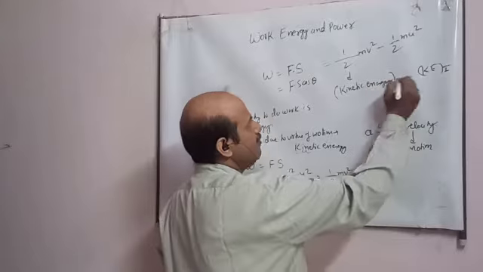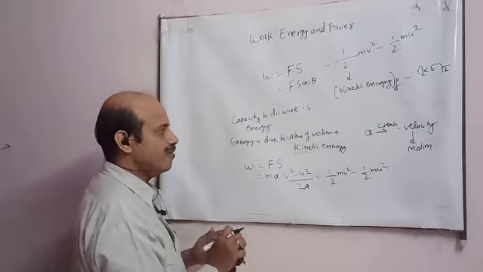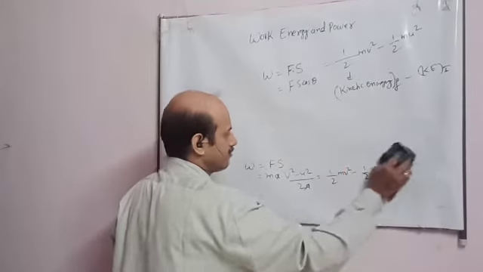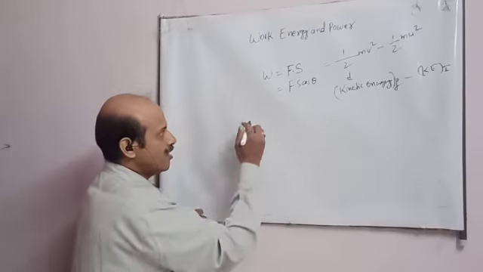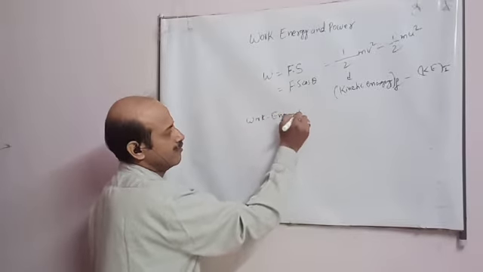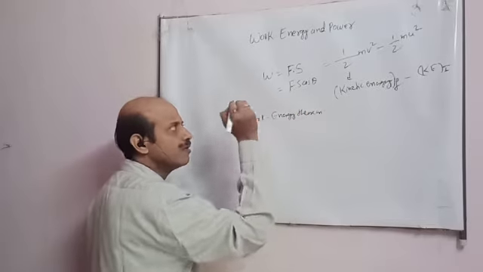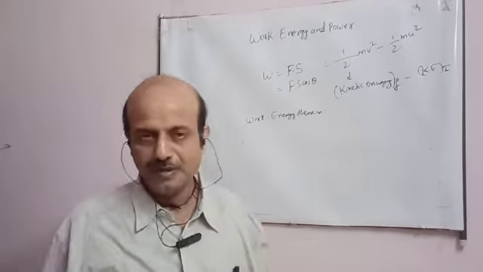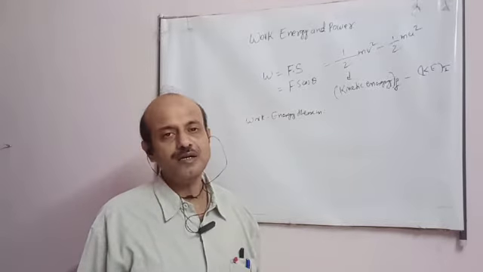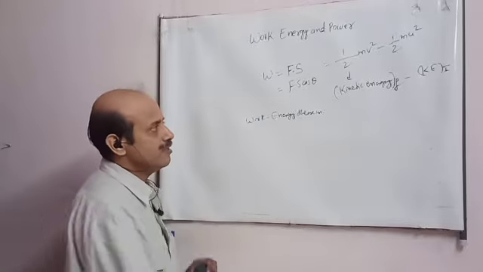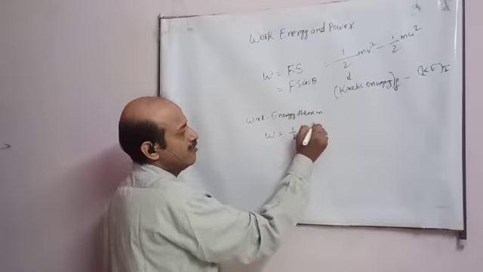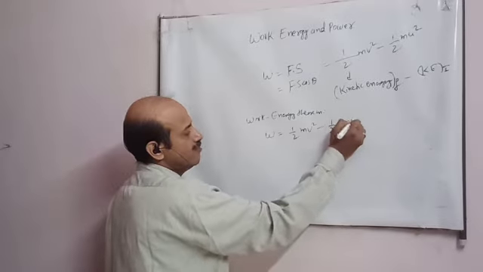The difference of this is work done, and this is a very important theorem known as the work energy theorem, which states that the change in kinetic energy is equal to work done. Now if you see this expression, W work done is equal to half mv square minus half mu square.